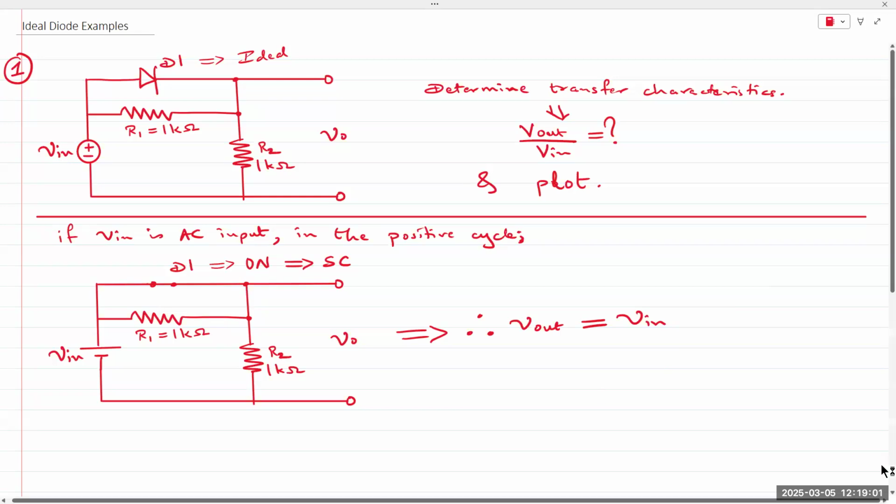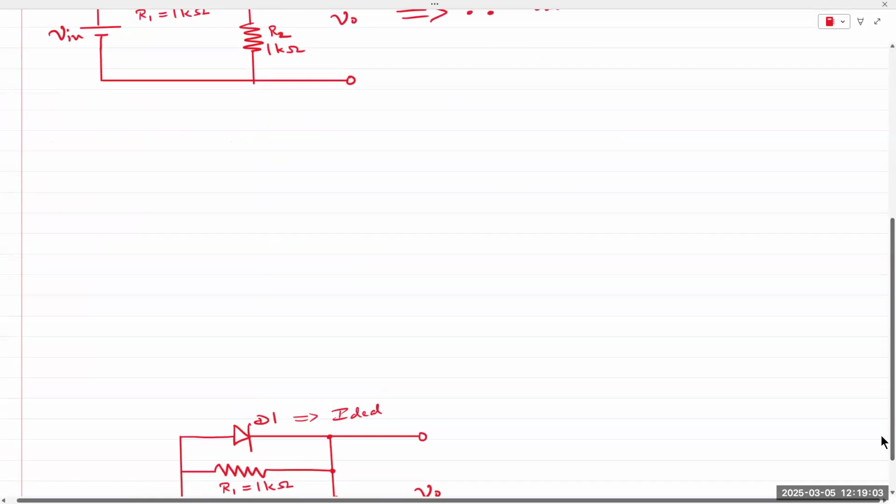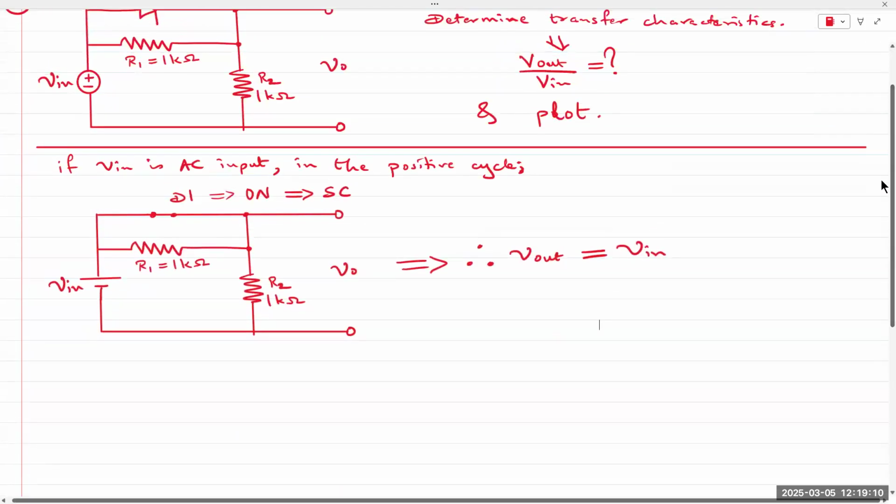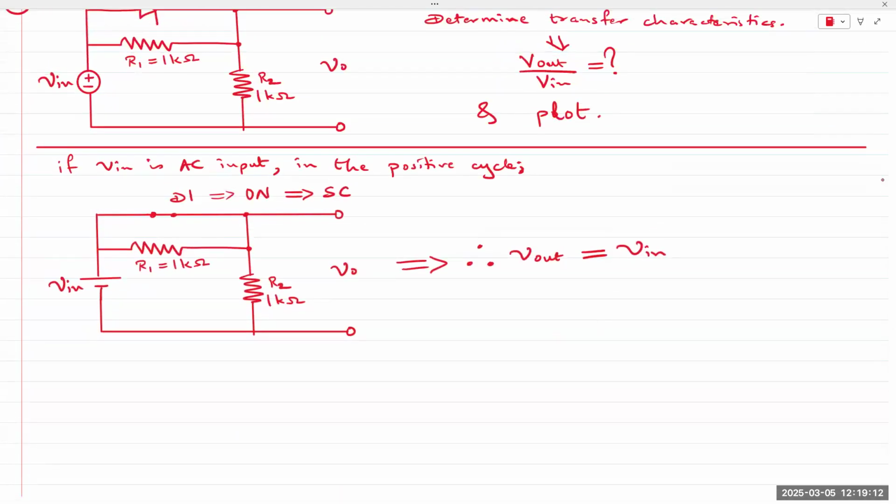All right. So now let's look at what happens when it goes negative, the negative cycle.